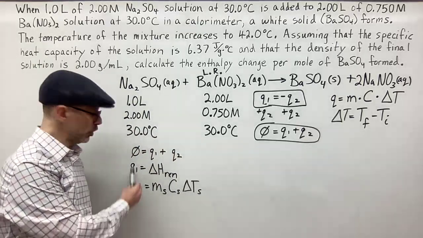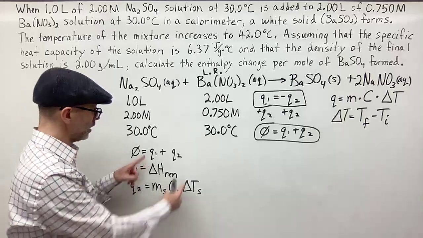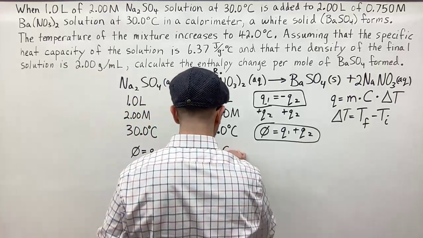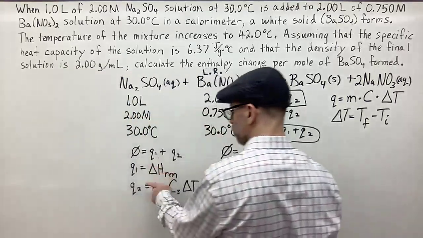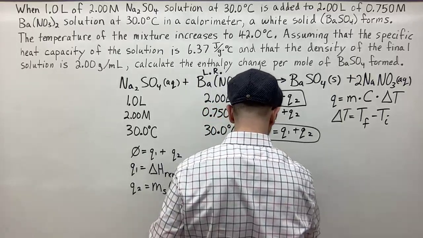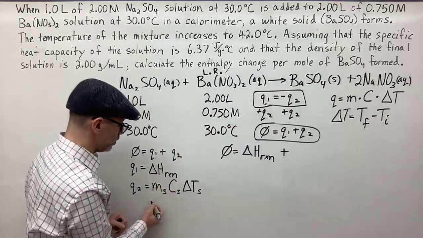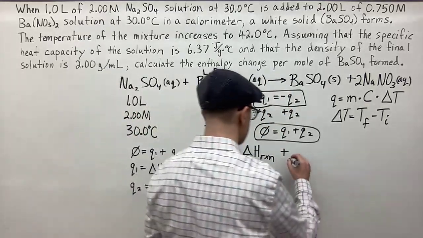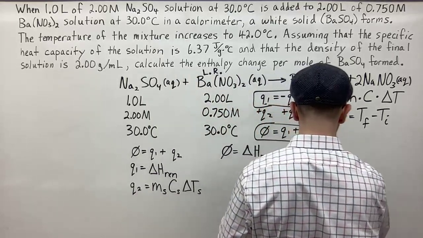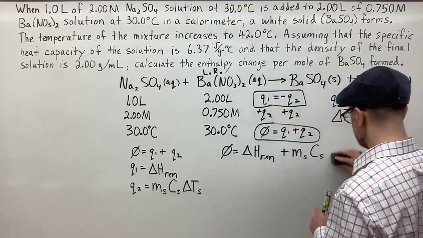So now that I have Q1 equal to this and Q2 equal to this, I can substitute these in for the Q1, Q2 here. So I have 0 is equal to Q1, which is going to be delta H of the reaction, plus Q2, which is the mass of the solution multiplied by the specific heat of the solution multiplied by delta T of the solution.